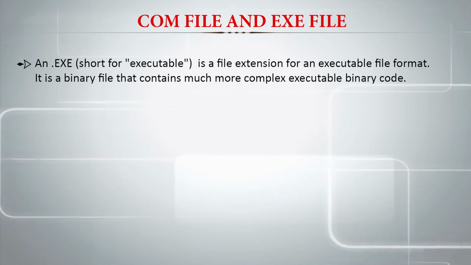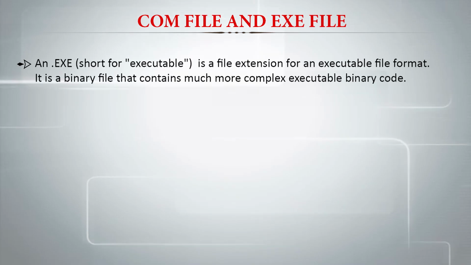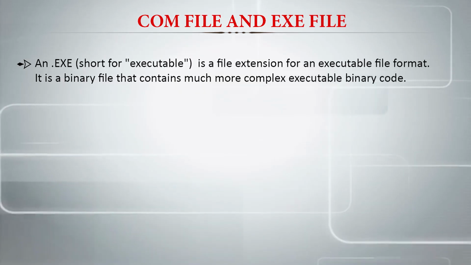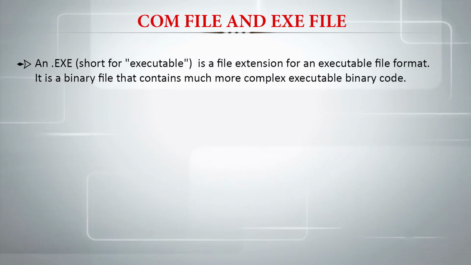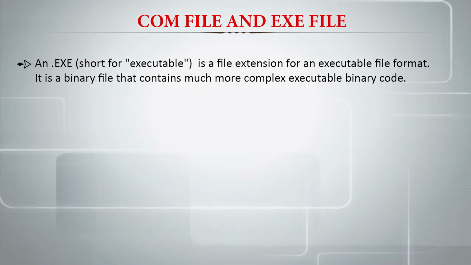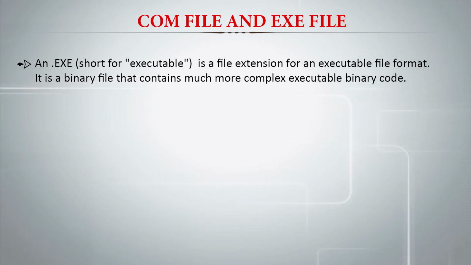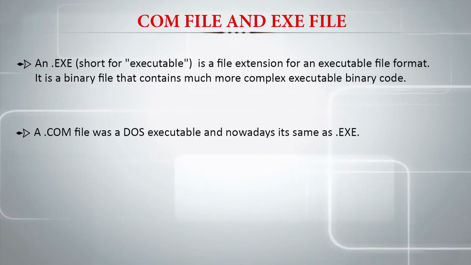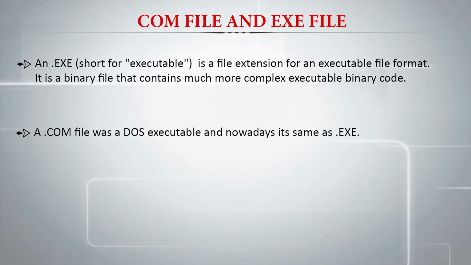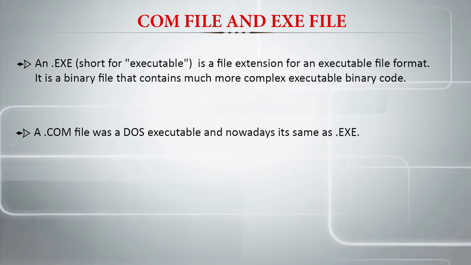EXE is short for executable, a file extension for an executable file format. It is a binary file that contains much more complex executable binary code. A .com file was a DOS executable and nowadays is the same as .exe.